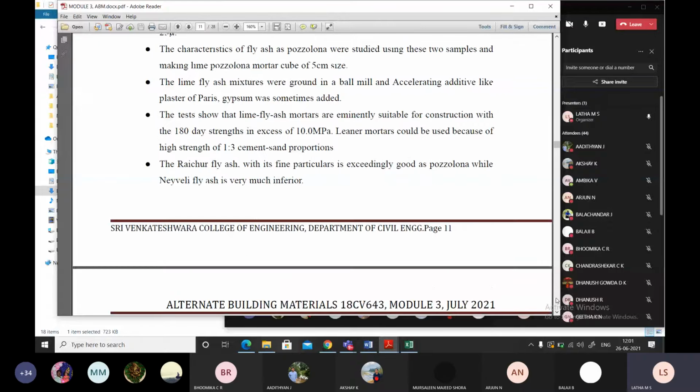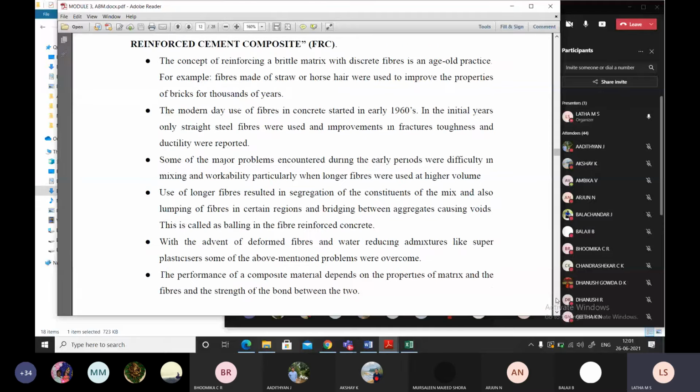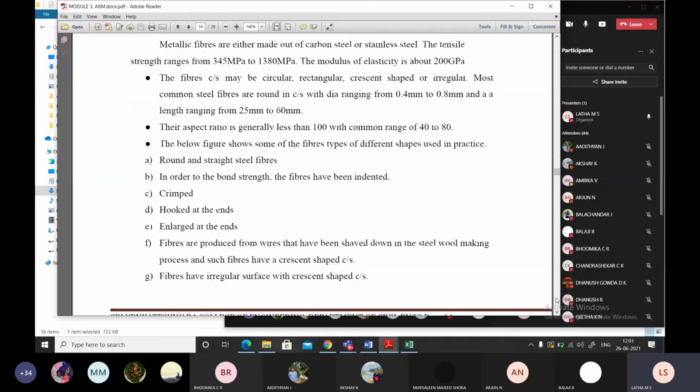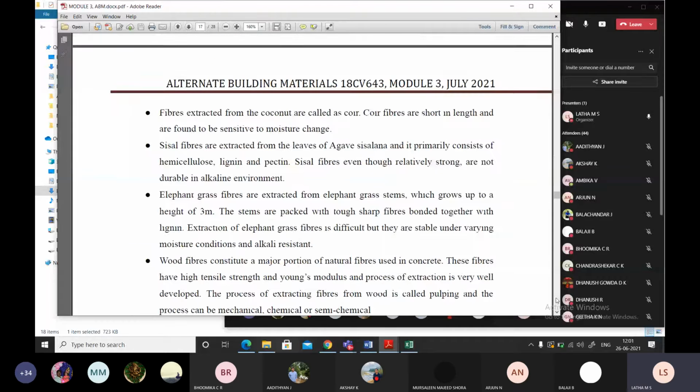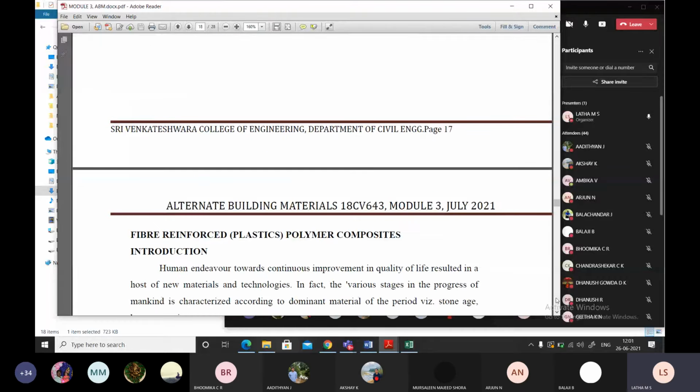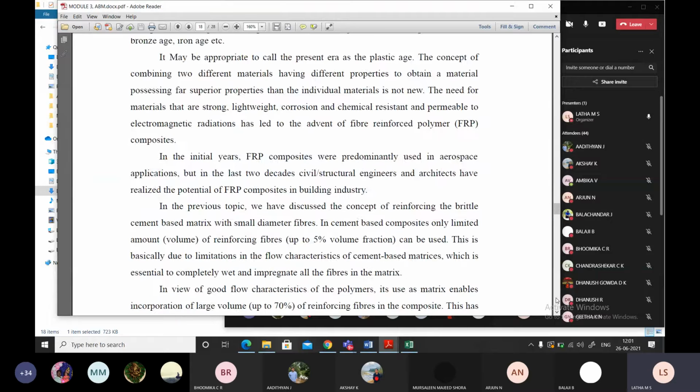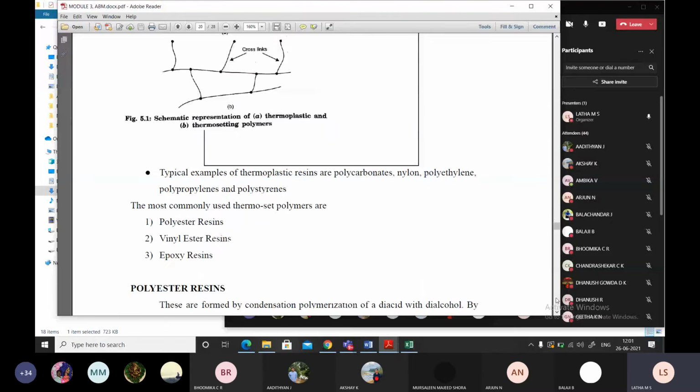Then reinforced cement composites, polymer fibers, carbon fibers, and you also studied fiber reinforced polymer composites. These are the materials, the matrix and the fibers.